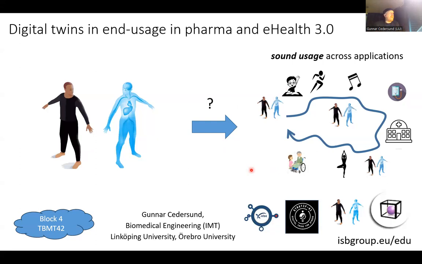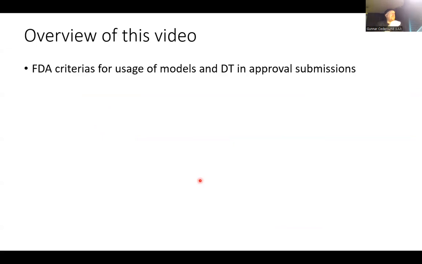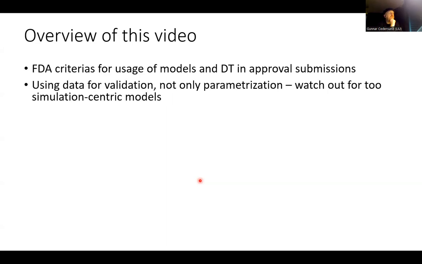Okay, so let's first start by looking at the FDA, the Food and Drug Administration in the US, and they have some criteria which basically specify when you can use a digital twin in end usage decisions, in particular when you want to approve a new drug or a new biomedical product.